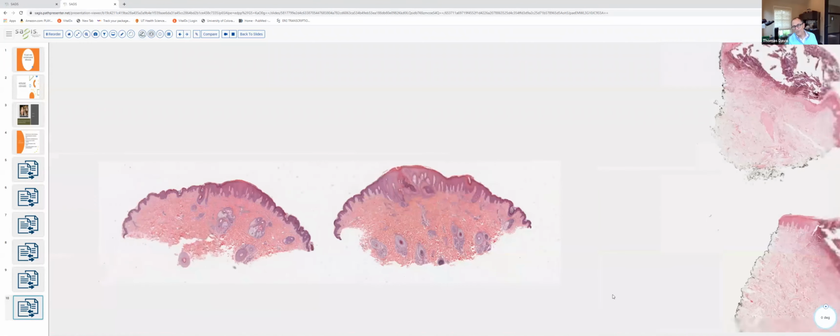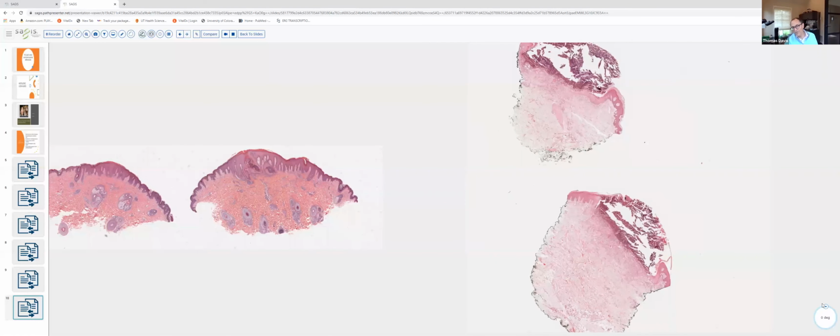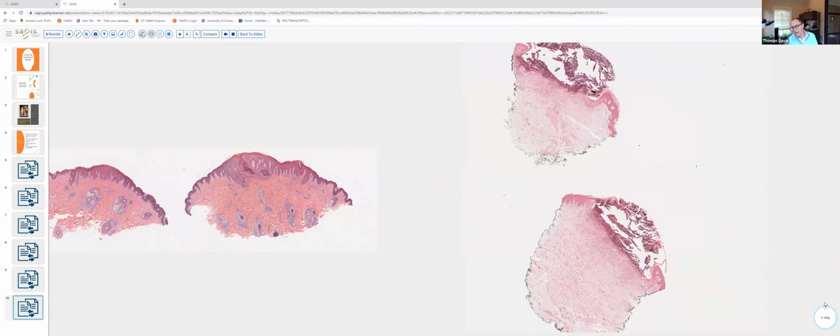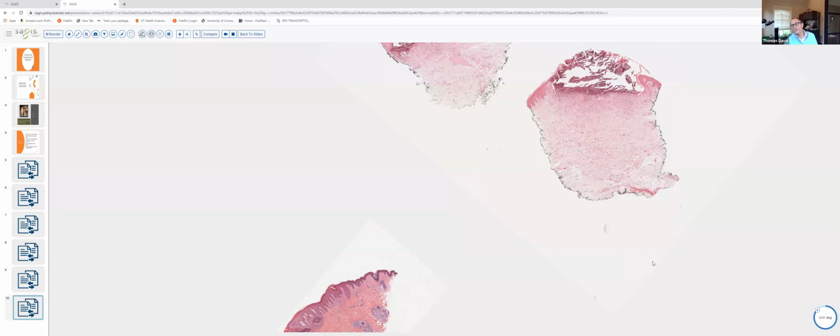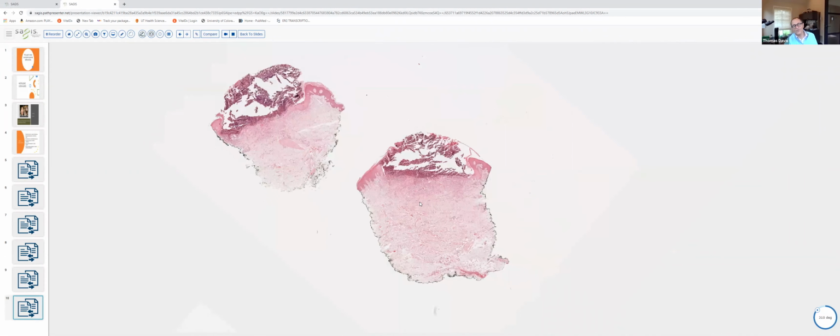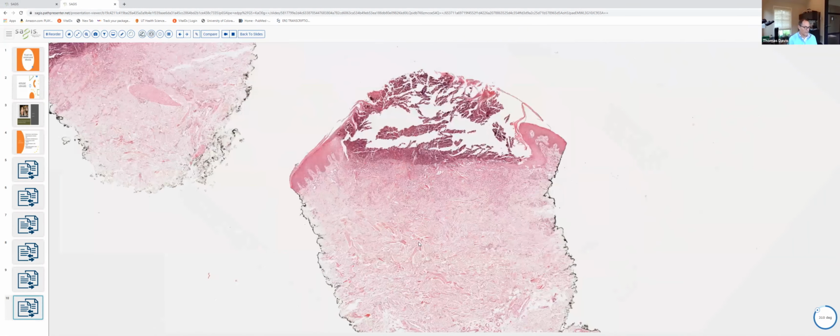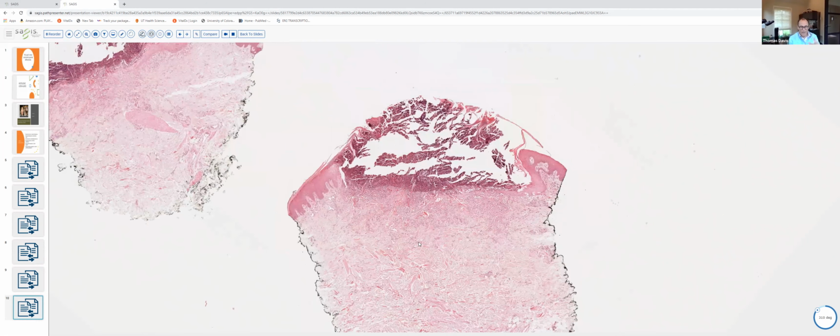Let's go ahead and compare this to RPC. Well, I think you can see right away, and let me tilt the slide here, that the transepidermal elimination channel in RPC is entirely different. It's just really a broad dermal channel rather than that narrow, tortuous channel coursing through the epidermis.